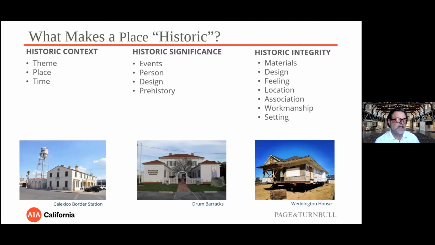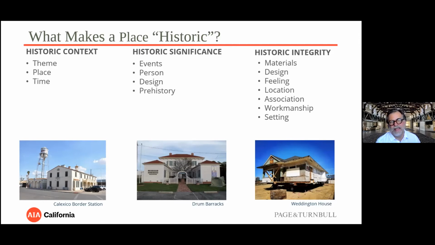It can be a special example of a type or style of property. So, it could be a specialized factory. And then it can be significant for things that it can tell us about prehistory. So I think about it more as archaeology, things that might not be recorded but exist there and can inform our understanding of the past.